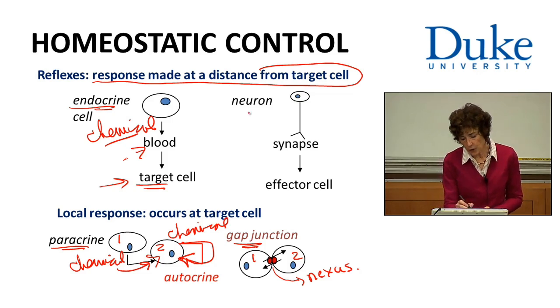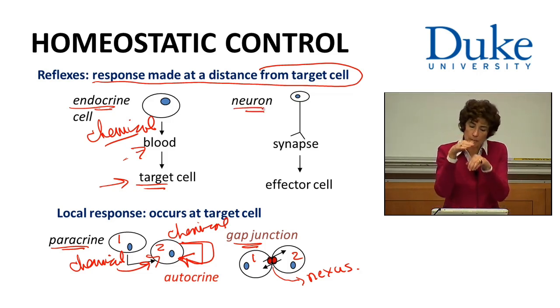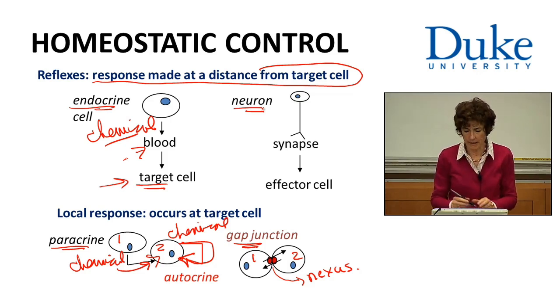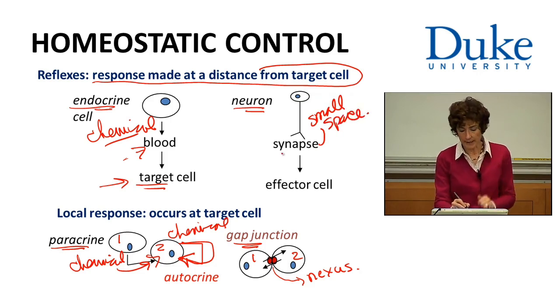In the case of the neuron, we have a cell which actually butts up against the second cell in an area which is called the synapse. And this is a very, very small space. The neuron will secrete its chemical into this small space, and this chemical is called a neurotransmitter.